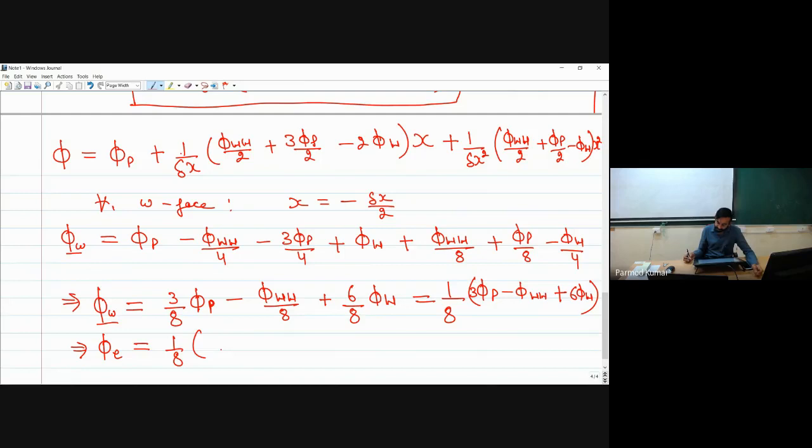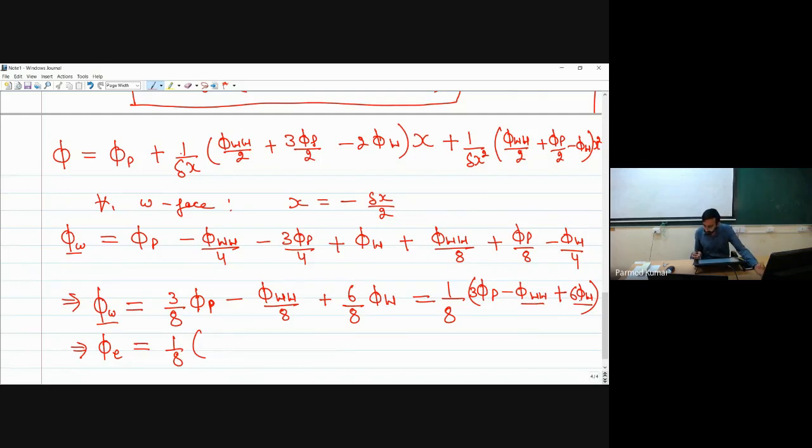What will be the expression for the east face? What you have to do over here is apply your intuitive thinking. When I am approximating the value of phi w, I am considering two nodes in the upstream direction.